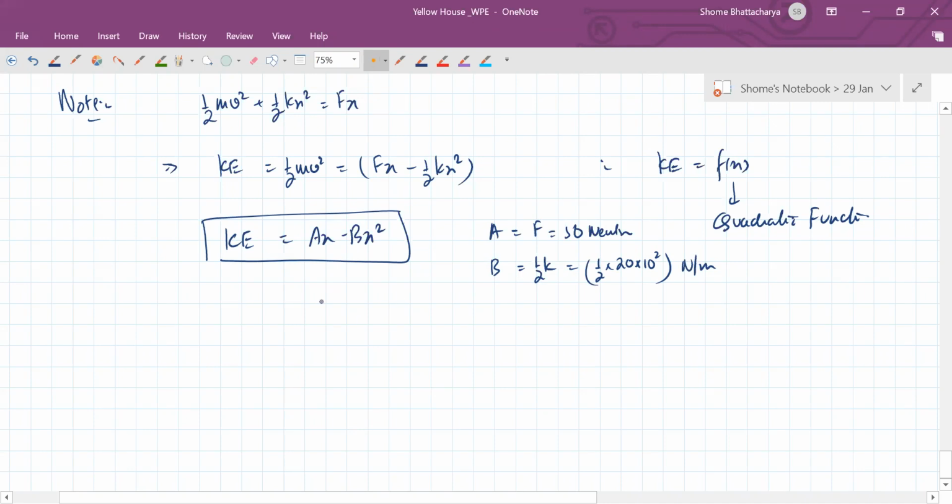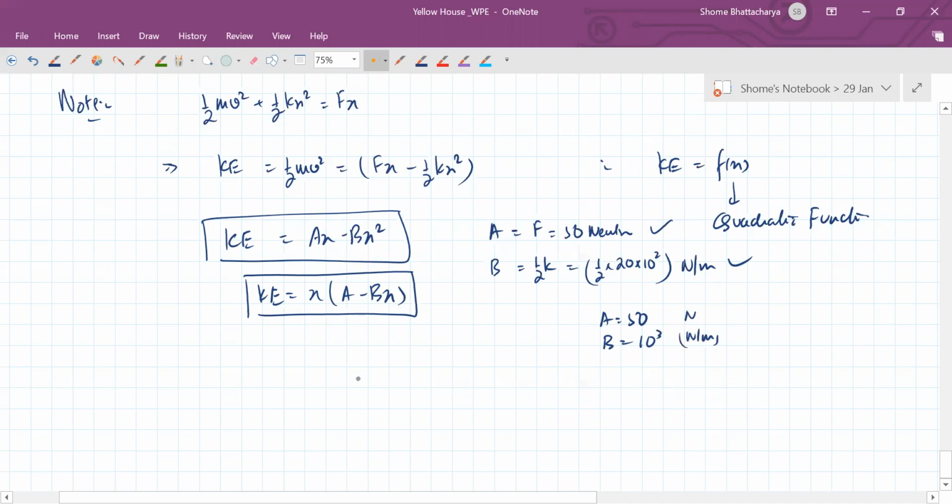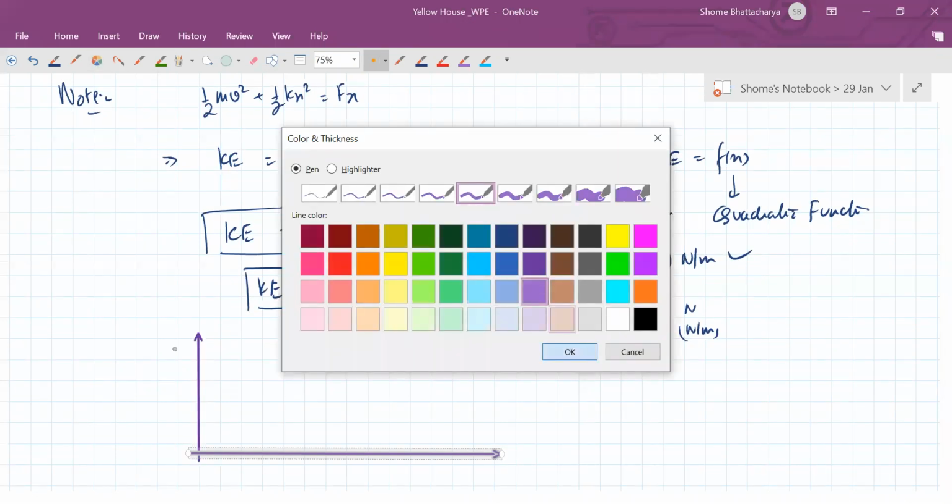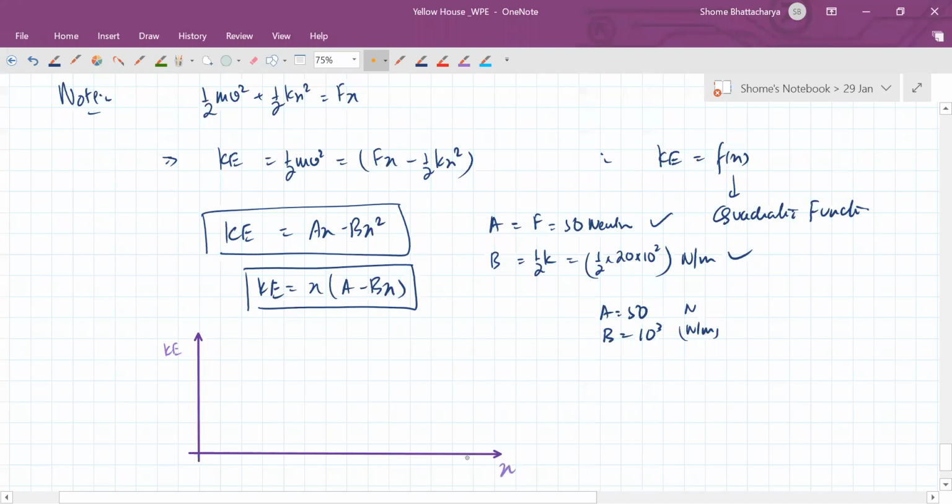So you can factorize it like this, where A is equal to 50 and B is equal to 10 raised power 3. If you analyze as a graph the kinetic energy versus distance or extension of the spring, you get a very interesting result, which helps you justify and understand all these things.